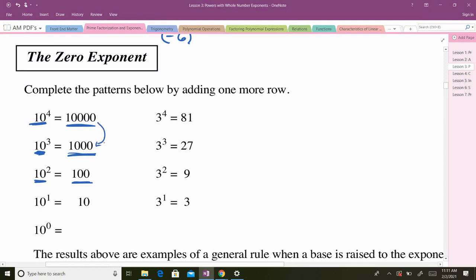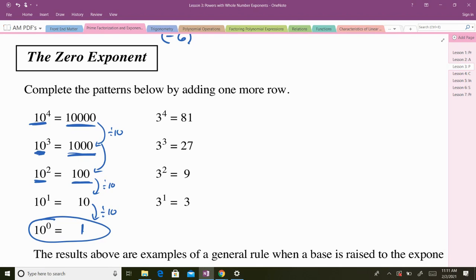What's happening as I go down like this? What am I doing? You're dividing by 10, right? So 100 divided by 10 is 10. 10 divided by 10 is 1. Anything to the 0 power, it doesn't matter what it is, is always 1.